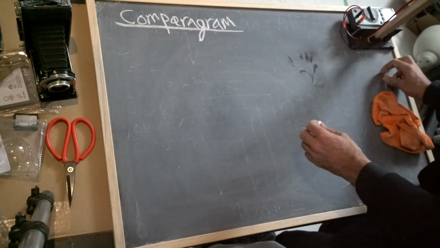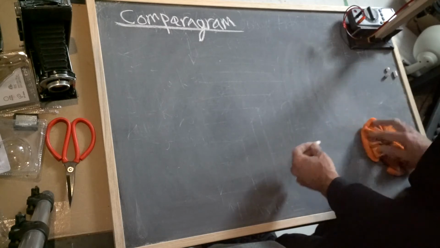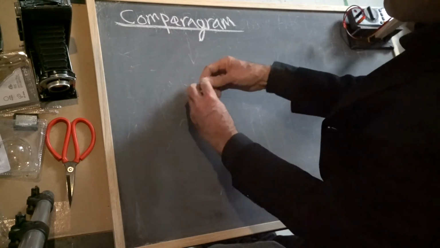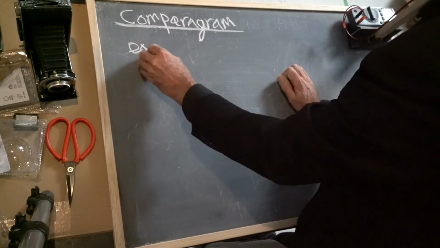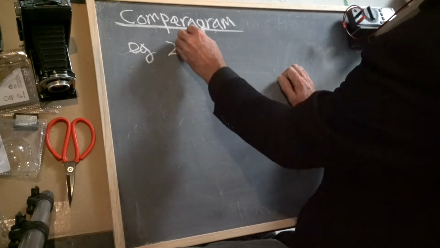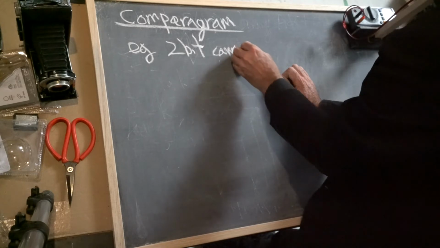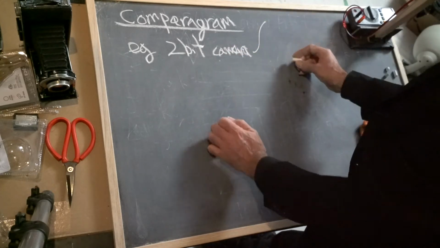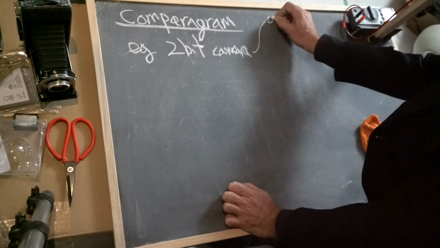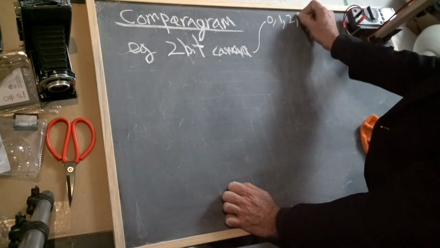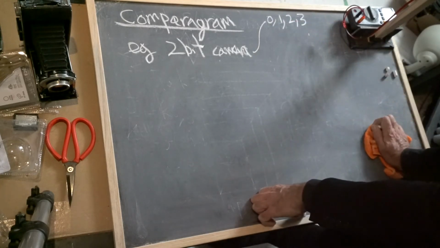Let's take a typical example. Let's suppose we had, for example, a 2-bit camera, 2-bit depth. It only does 0, 1, 2, or 3 as the only values that it can output.